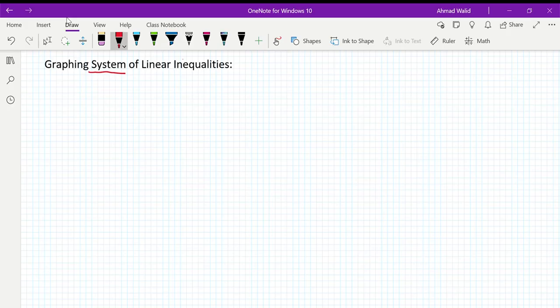When you are graphing a system of linear inequalities, it means you are dealing with more than one inequality at the same time, and you graph both in the same coordinate system.